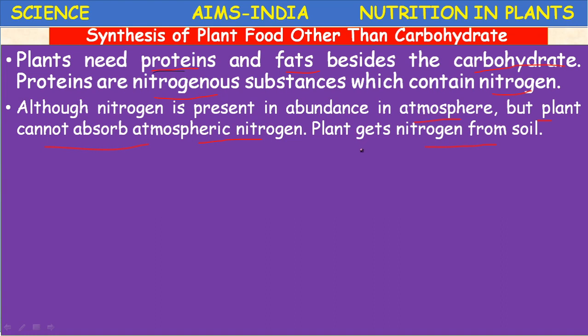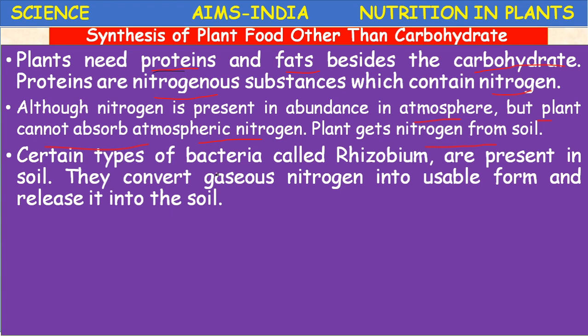In that form, though it is 70% and above present in the atmosphere, it is of zero use for the plant. The plant uses the nitrogen only in the form of compounds, nitrates and nitrites.